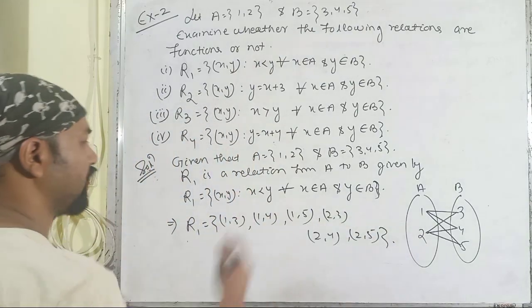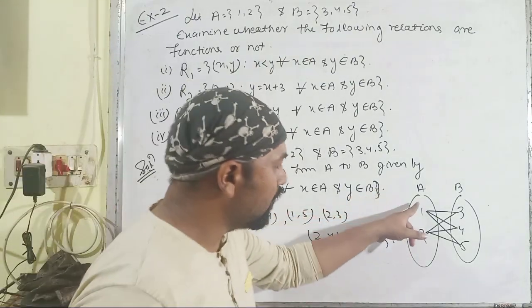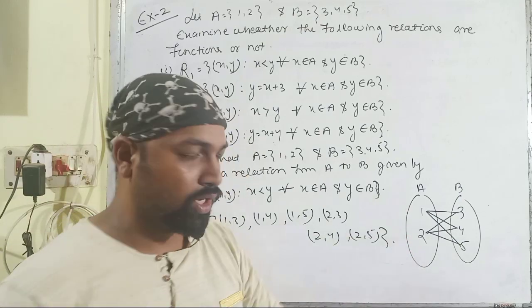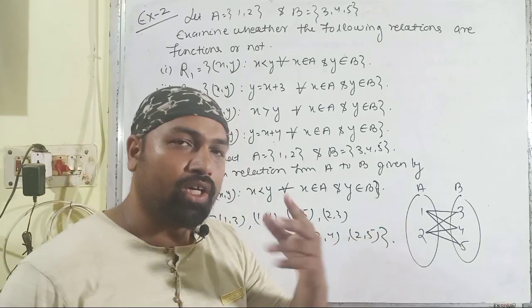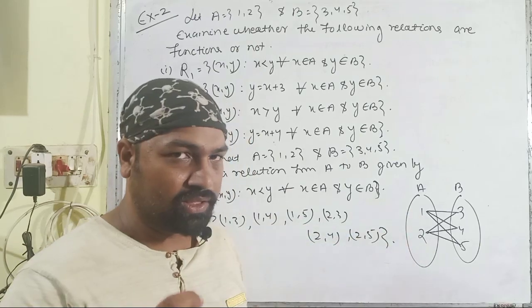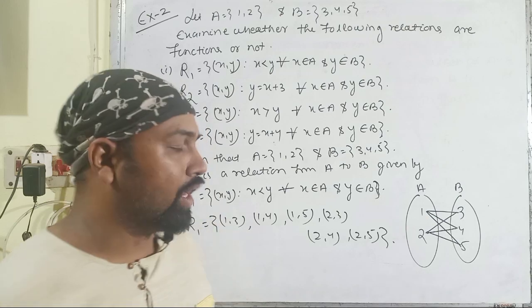So all the ordered pairs are present here, and you can see that we have to satisfy the conditions in the first set only. And here the conditions are not satisfied. The elements 1 and 2 have images, but more than one image.